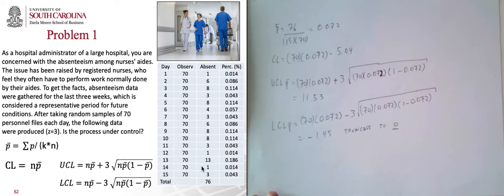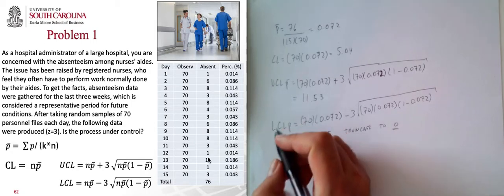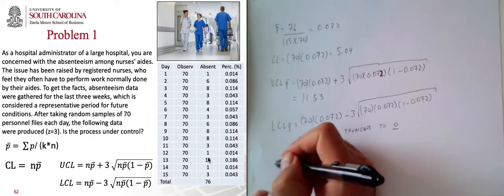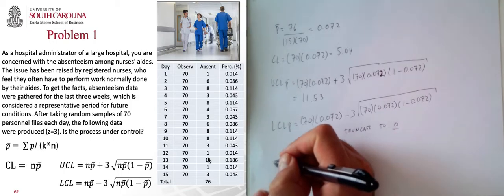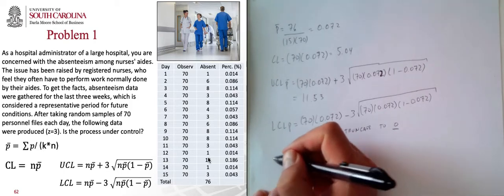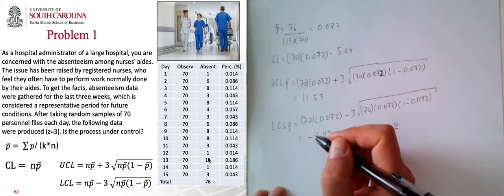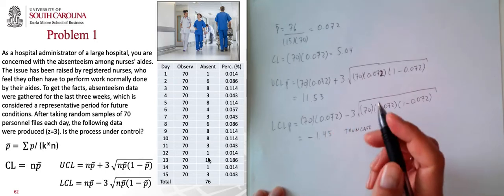On day 13, 13 of them were absent. So maybe there was an office party the day before and they decided not to come to work or whatever it was. We have something that we need to investigate that happened on the 13th, that the absenteeism was, in this case, more than our upper control limit.